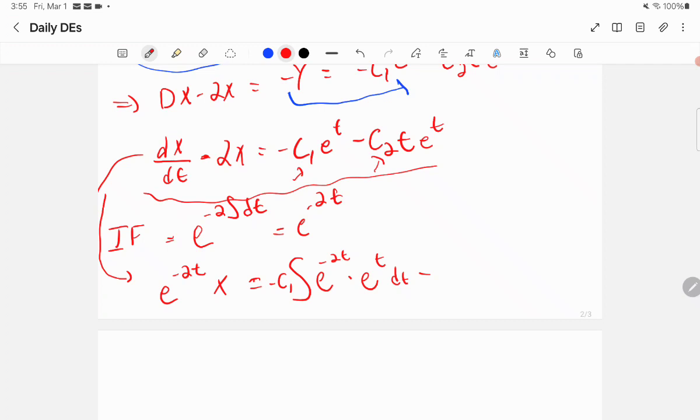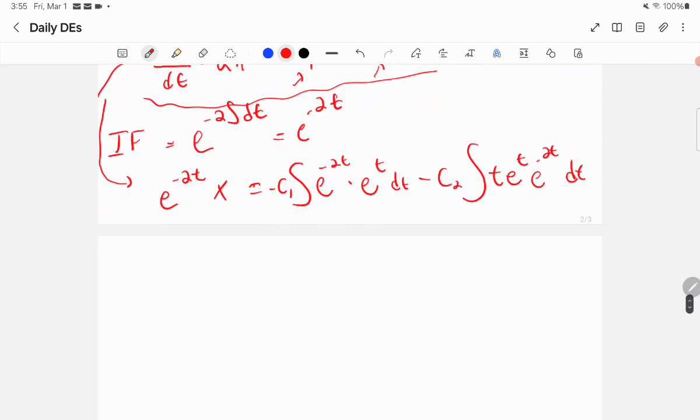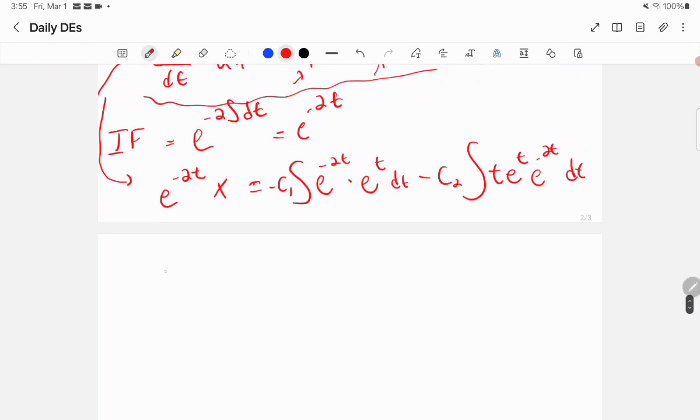And then minus, I'm splitting it up into two integrals, so minus c2 integral of t e to the t times e to the minus 2t dt. And I like this problem because it's kind of a tour de force that we're going to have to go through.